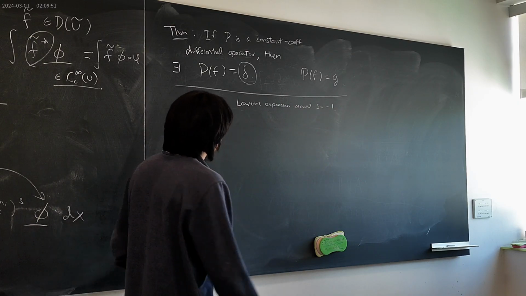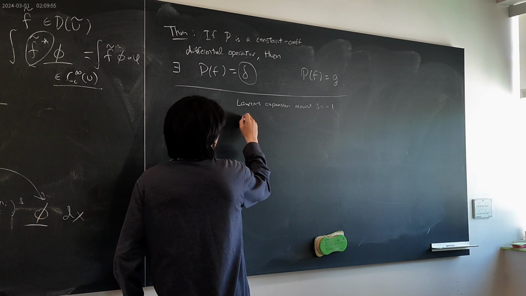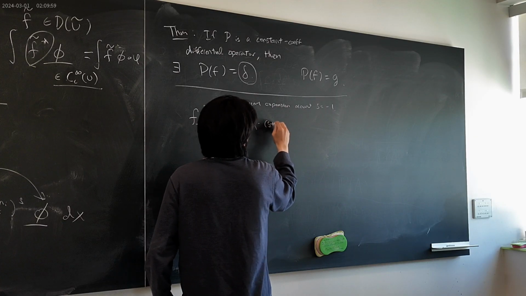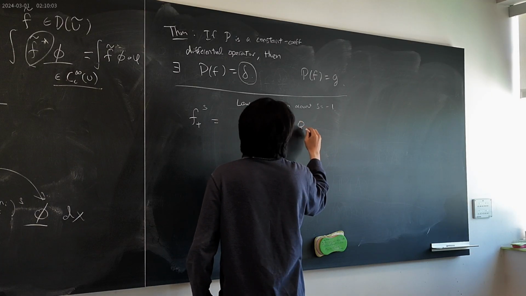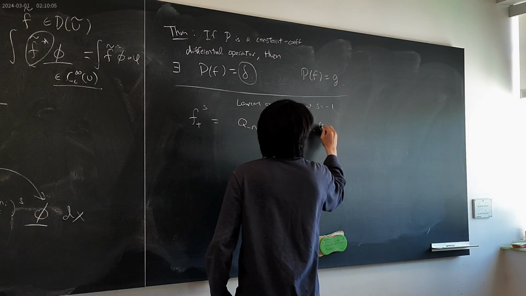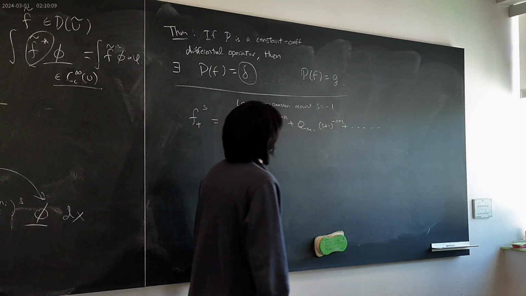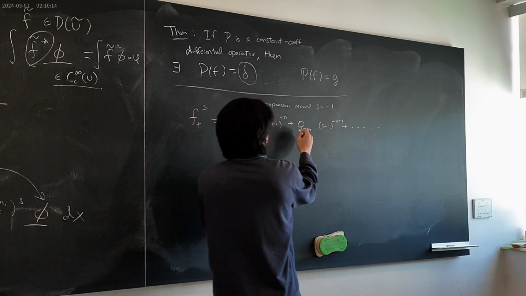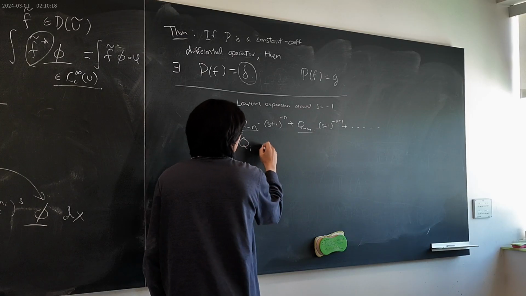And what you obtain is the following. You'll have some, let's call it q sub minus n times (s plus 1) to the minus n plus q sub minus n plus 1 times (s plus 1) to the minus n plus 1, plus and so on. Notice that this is a distribution valued function, so these coefficients are still going to be distribution valued, but that's fine. These q sub i's are distributions.